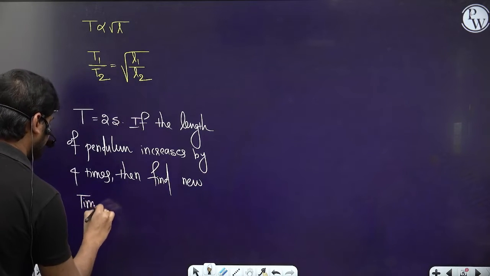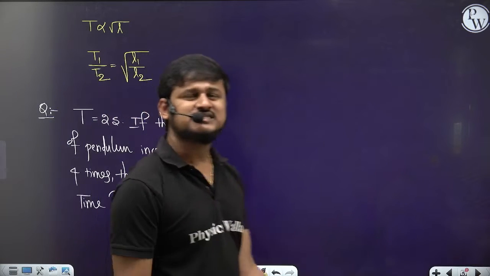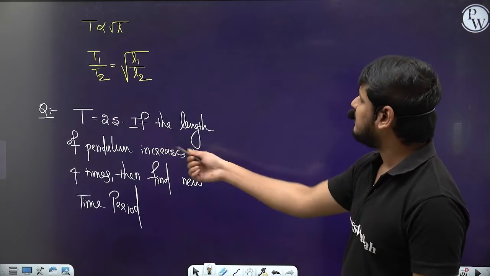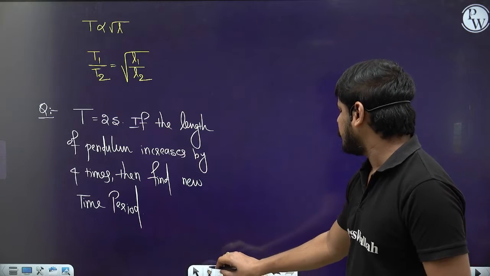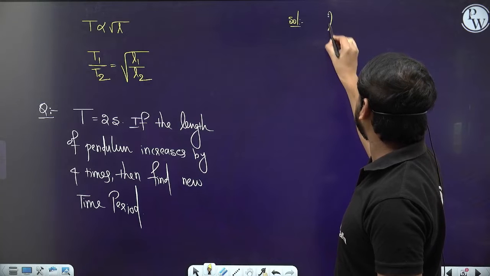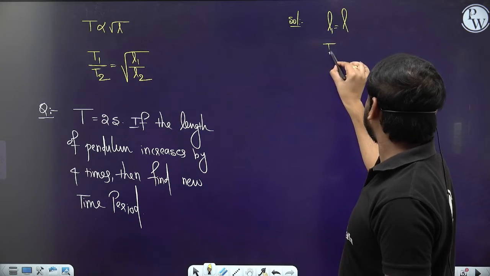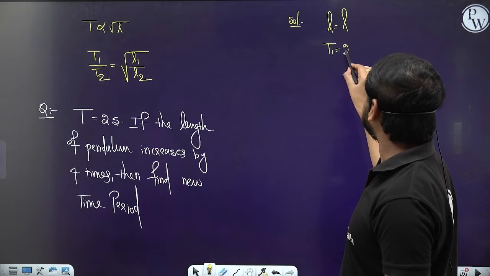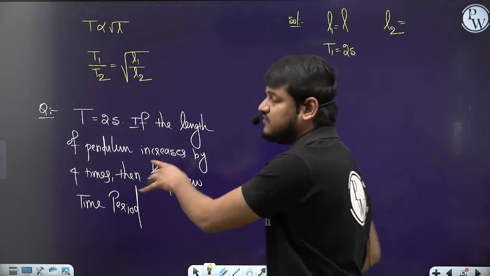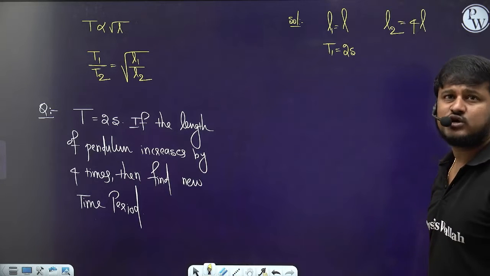Hope you are solving it already and you got the answer also, right? Simple question. The original time period is 2 seconds when the length is L. Now when the length increased 4 times, the original length L1 is equal to L, and T1 is 2 seconds. The new length has become 4 times the original length, which is 4L.